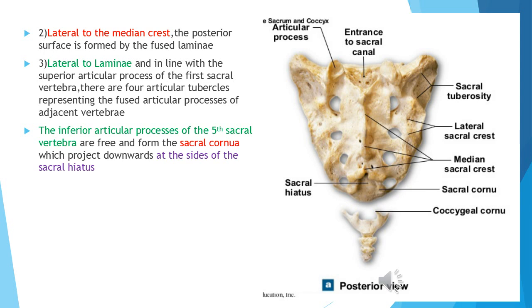Then lateral to the laminae, there are tubercles, that is the articular tubercles. So they represent the articular processes of the sacral vertebrae which are fusing together. But the inferior articular process forms the sacral cornua, on the sides of the sacral hiatus, and the sacral hiatus is seen in the midline due to the non-fusion of the laminae of the sacrum posteriorly.